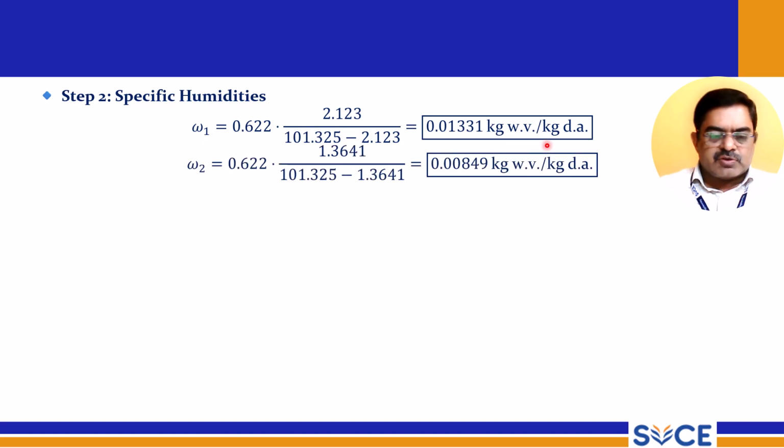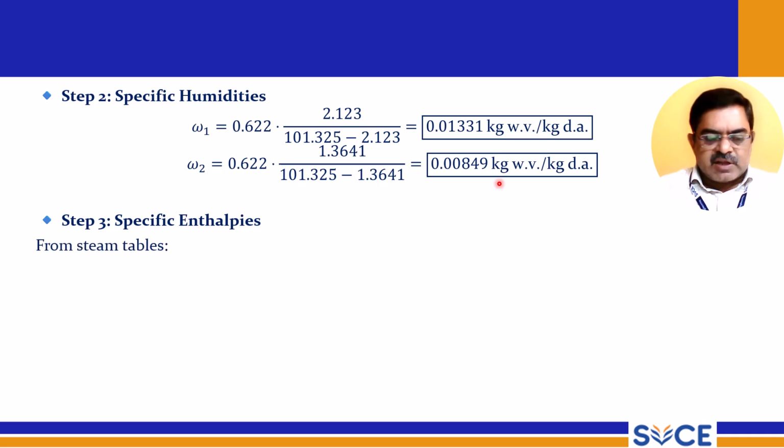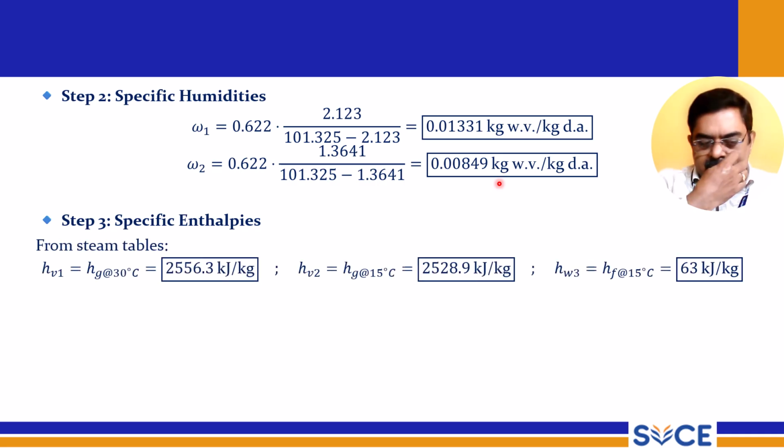Omega 2 can also be found from the same equation, and it comes as 0.00849 kg of water vapor per kg of dry air. So step 3, specific enthalpies. From steam tables we can find h_v1, h_v2 as well as h_w3.